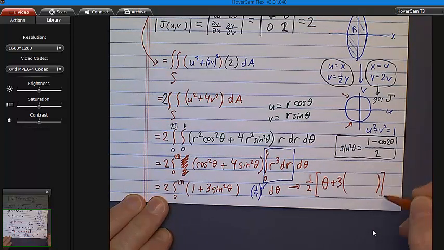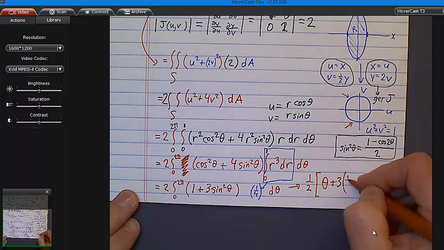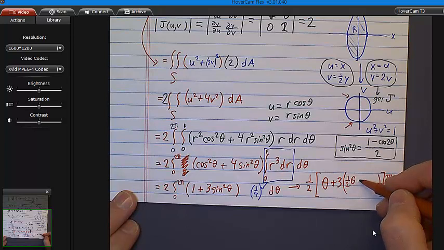And then we're going to have, let's see, this is going from 0 to 2 pi. So let's see. When you integrate 1/2, what does it become? 1/2 theta. And now, when you integrate this, negative cosine 2 theta over 2, I hope you're okay with it being, let's see, what's the antiderivative of cosine?